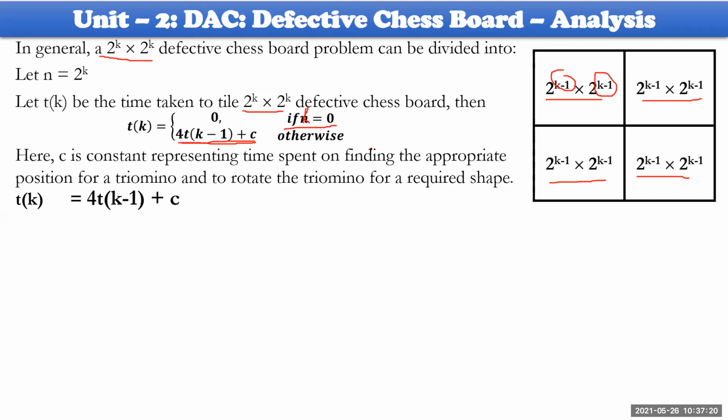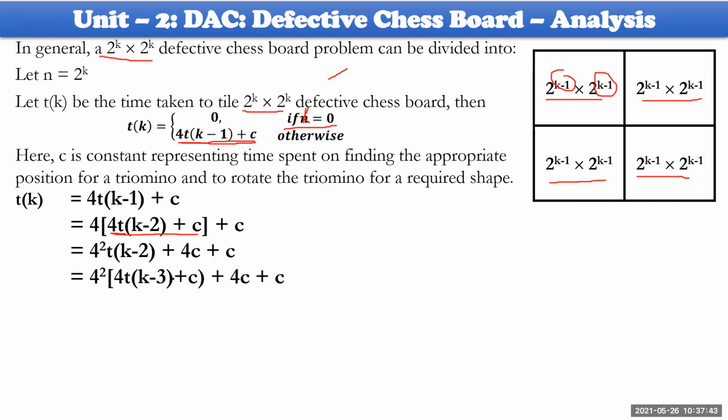t of k equals 4 t of k minus 1 plus c, and substitute the value of k minus 1 here. So 4 into (4 t of k minus 2 plus c), that is the value of t of k minus 1, and elaborate this one: 4 square into t of k minus 2 plus 4c plus c. Substitute the value of k minus 2, that is 4 t of k minus 3 plus c.